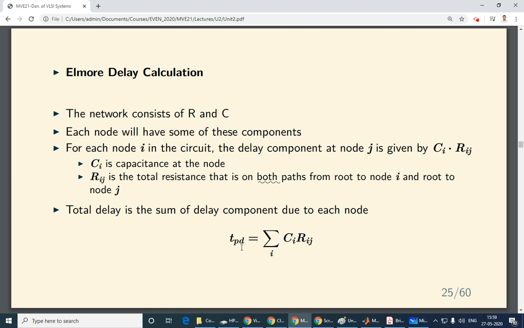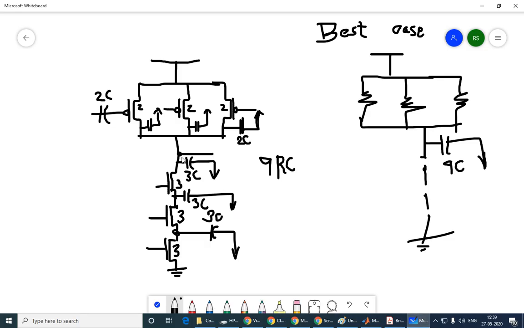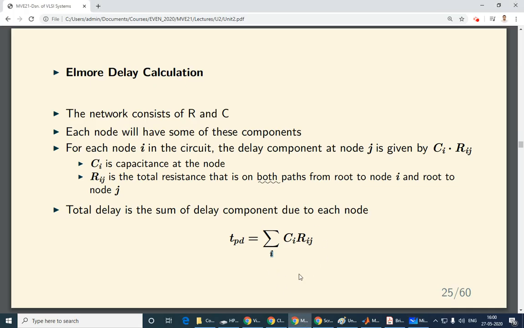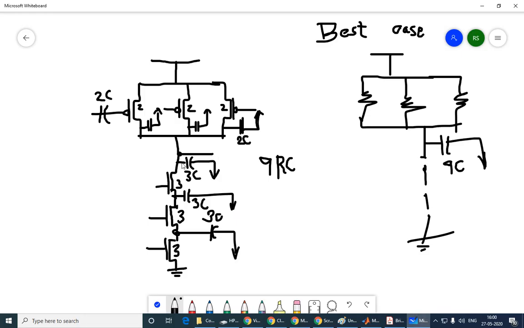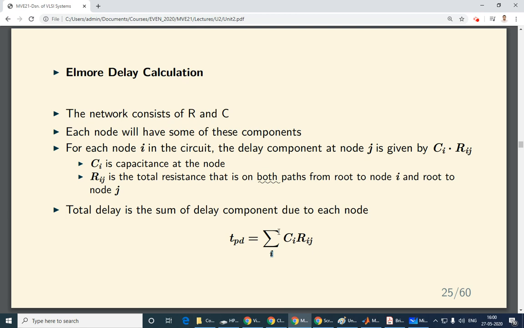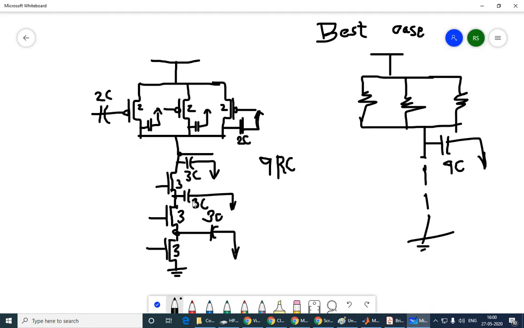If you look at the bottommost equation, i is nothing but all the nodes in the circuit. So we have 1, 2, 3. If we did the summation of the Elmore delay model for this circuit, I will have three terms: one term, two term, three term. The first term, the output node, is 9RC, that will be the same. Now the second term, the capacitance value is 3C, that is fixed.